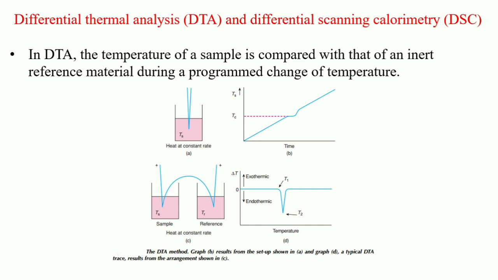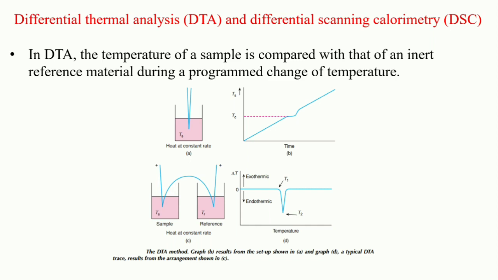For example, in figure D, it is clearly a much more sensitive and accurate way of presenting data than B, and it is a normal method for presenting DTA and DSC results.